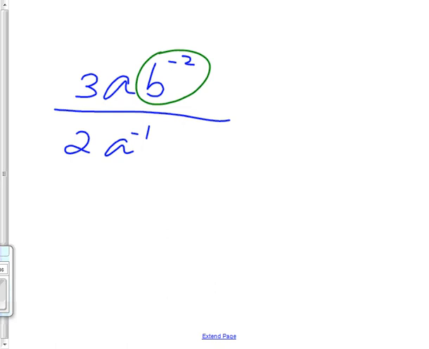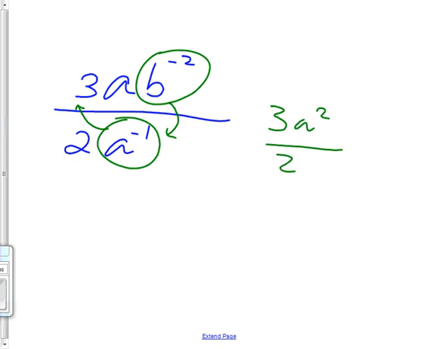I move it to the other spot. I move it like down here. And this guy, how do I flip it? I move it up to the top. And this would become 3a with another a to be 3a squared. And then this b goes down here, and so I'd have 2b squared, except the negative falls off. It's just 2b squared.